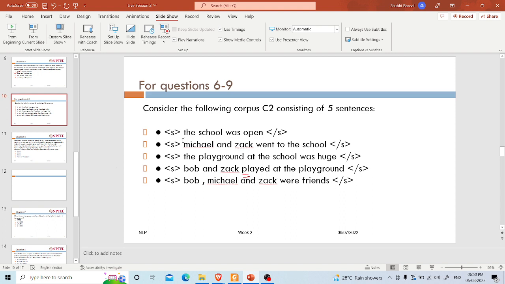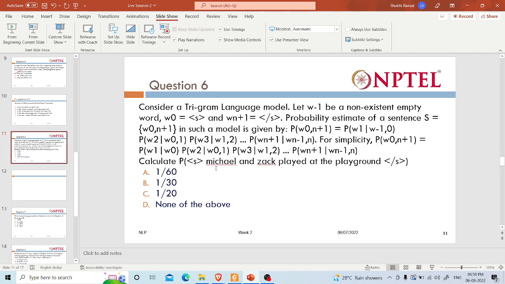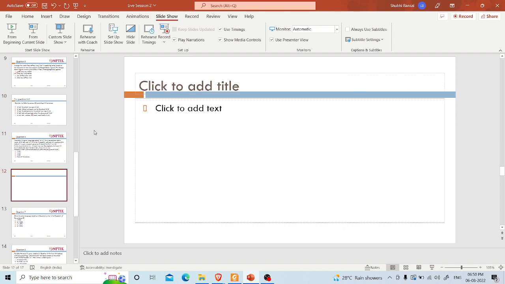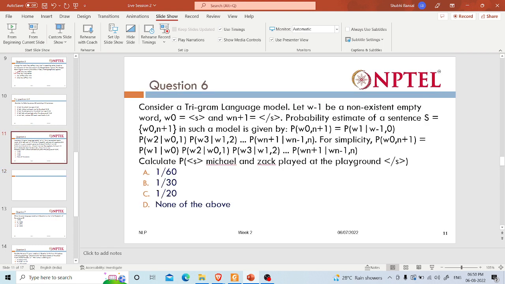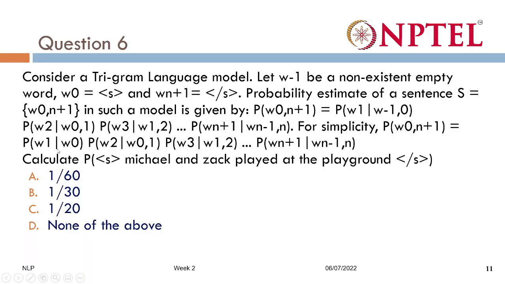So if we see here, we are to calculate the probability for this sentence: Michael and Zach played at the playground. And here he says that in the question you can just consider the probability based on the previous word. So probability of the start token, Michael and Zach played at the playground.